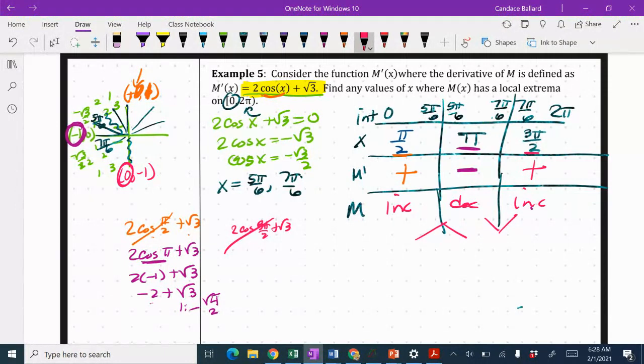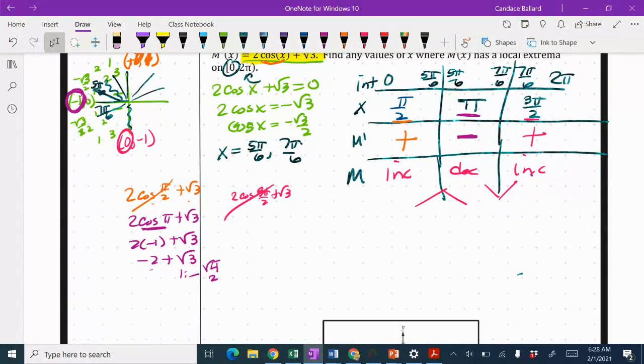So it says find any values of local extrema, so I'm going to write those in sentences. This is a max, and this one's a min. It says local, so I'm going to use the word local.